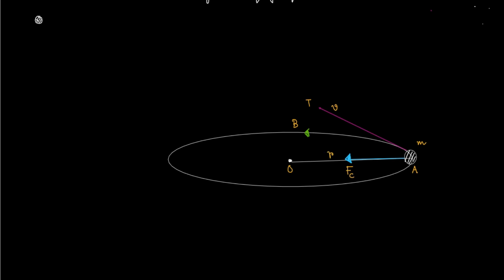R is the radius of the circular orbit, measured from O to A, radially outwards. Along AX, centrifugal force Fc prime acts.